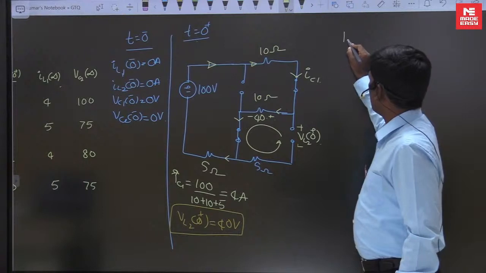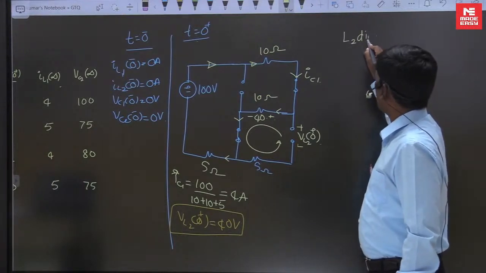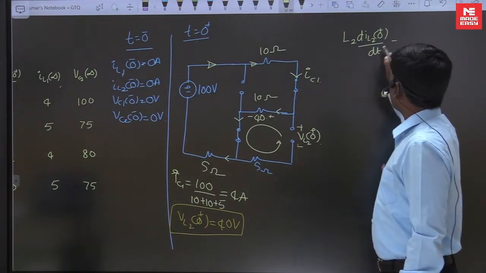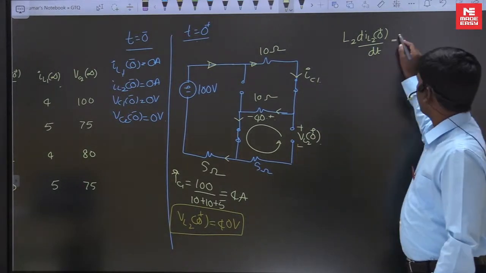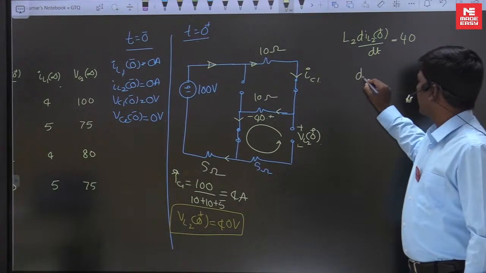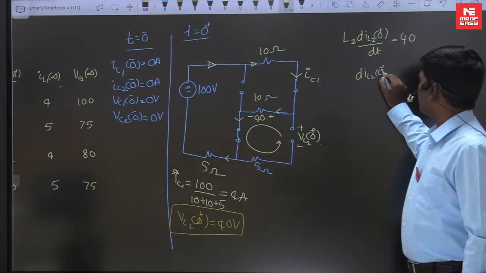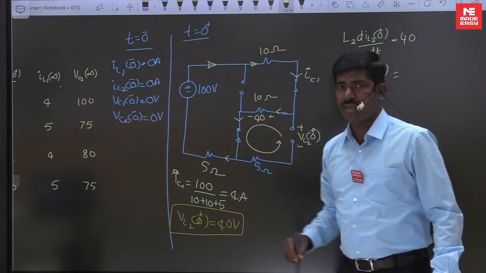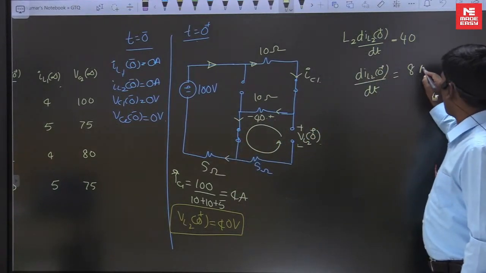L2 into dIL2 of 0 plus by dt is equal to 40. So dIL2 of 0 plus by dt is equal to 40 by 5. L2 is 5, so 40 by 5 is 8 amperes per second.